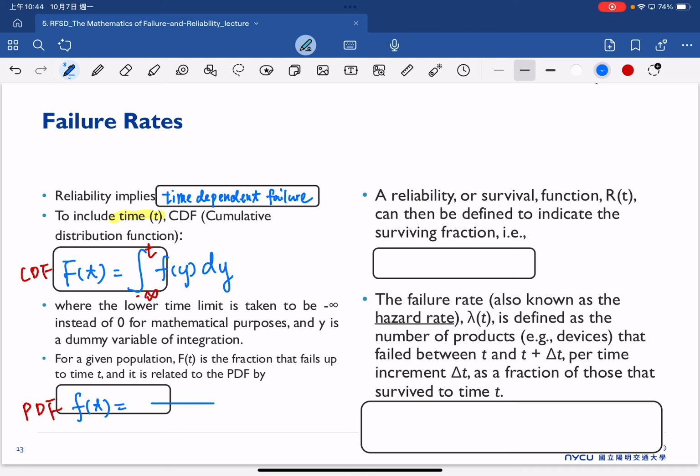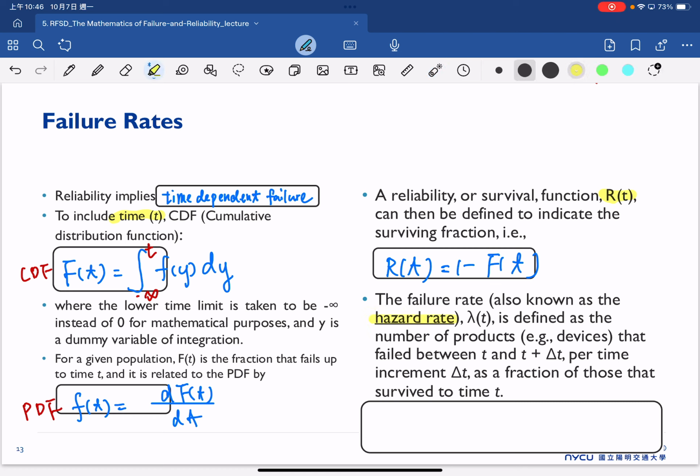The failure rate, which we also call the hazard rate, lambda t, is defined as the number of products that fail between t and t plus delta t per time, considering the incremental delta t, as a fraction of those that survive to time t. This statement is pretty confusing, so just look at the equation.